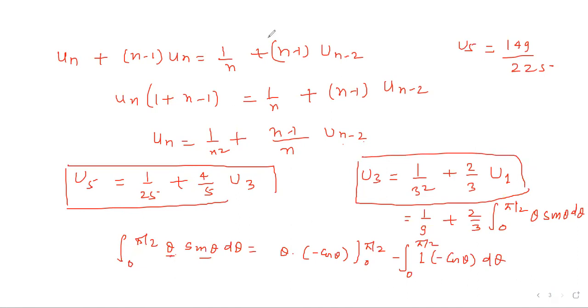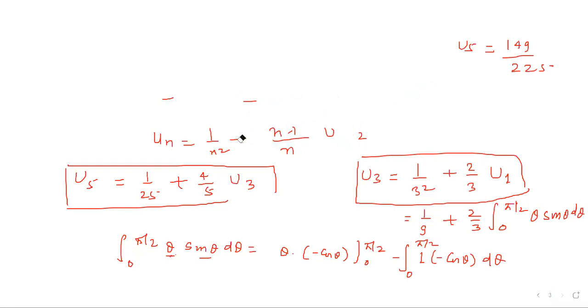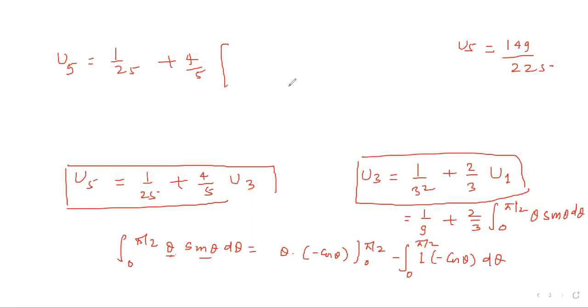These two will be combined to get the result as U5 equal to 1 upon 25 plus 4 upon 5 times U3, 1 upon 9 plus 2 upon 3 times U1, and the U1 is 1 as we have evaluated here.